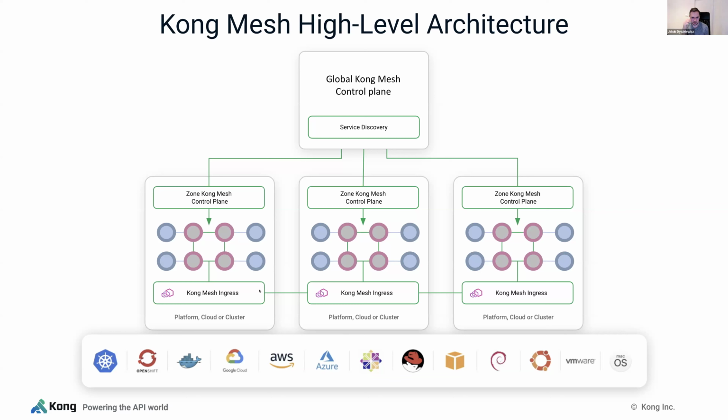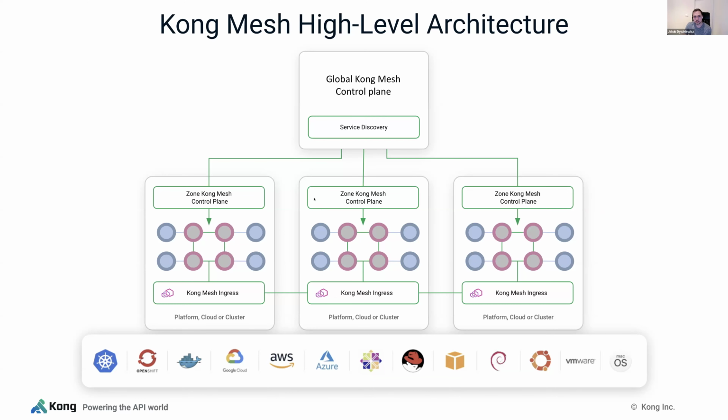Do not confuse this with your API gateway that you have in the cluster. This is a component purely for passing the traffic for cross-zone connectivity, right? So let's say you want to reach, from this service in cluster 1, another service in cluster 2. You would do this via Kong Mesh ingress.